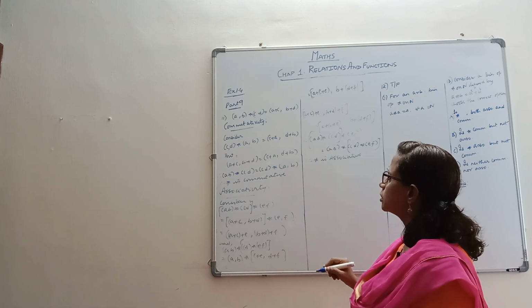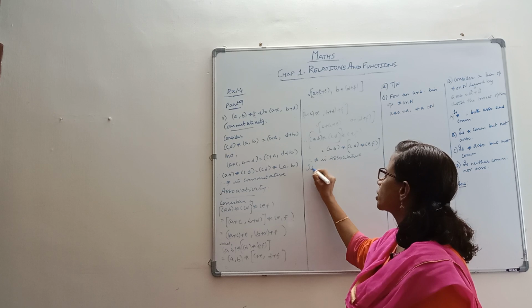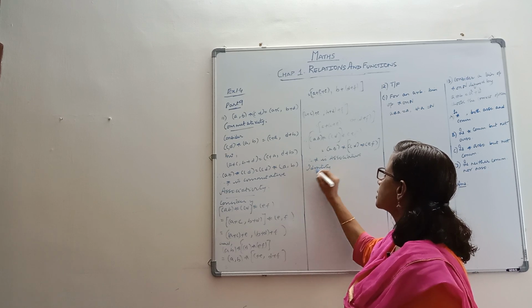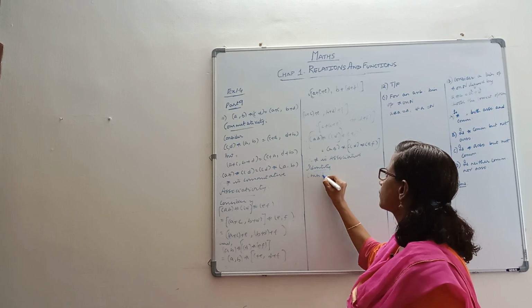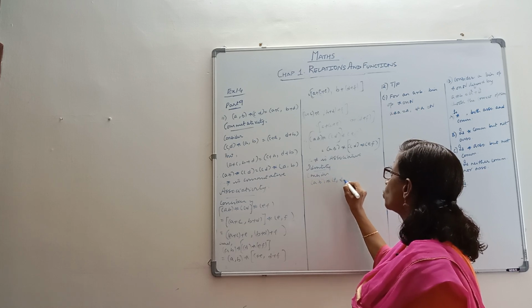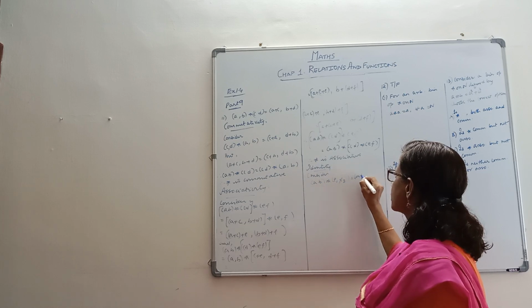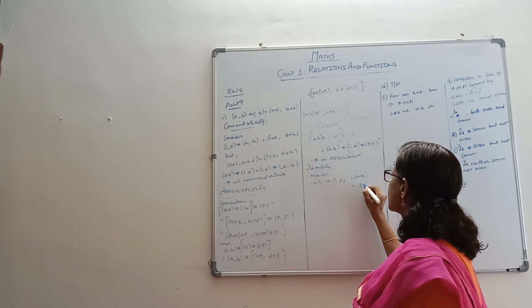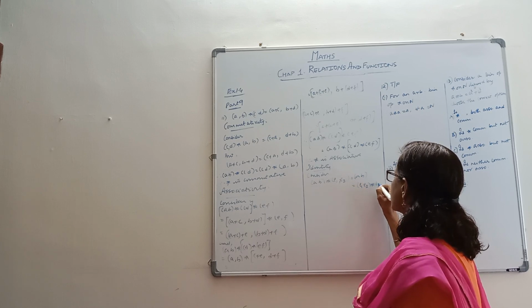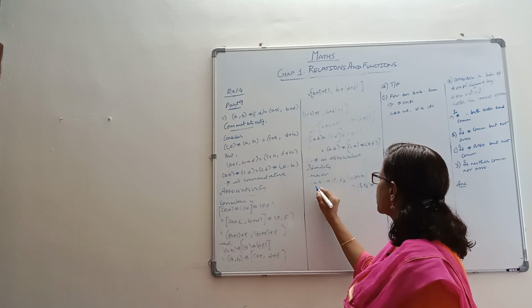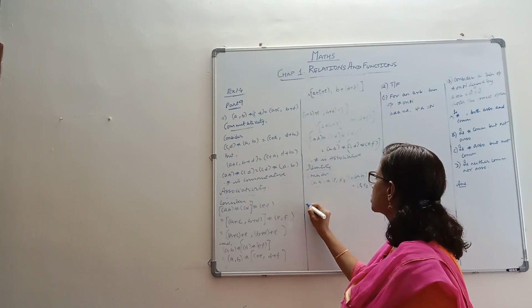That's about the associativity. Now we will check the identity. Consider (A, B) star (E1, E2), where (E1, E2) could be the identity if it exists. So the first part of the definition, this much. What does it mean?